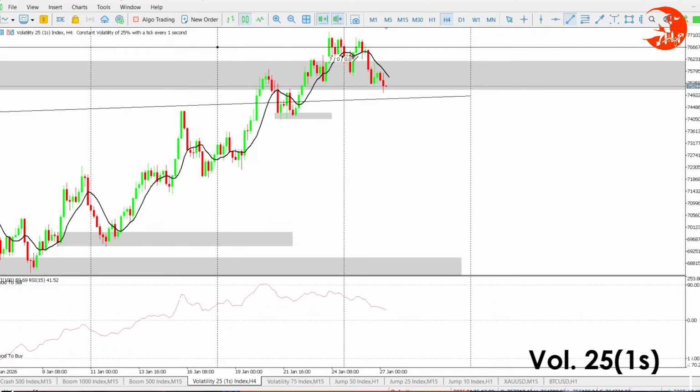Why? Because this can be considered as our change of character right there. Change of character, then give us a lower high, trying to look for momentum, coming for liquidity up there, then dropped to give us a first break of structure, which is there. Break of structure there to give us a lower low, and pull back lower high. Now it's looking for a new lower low, that is on H4.